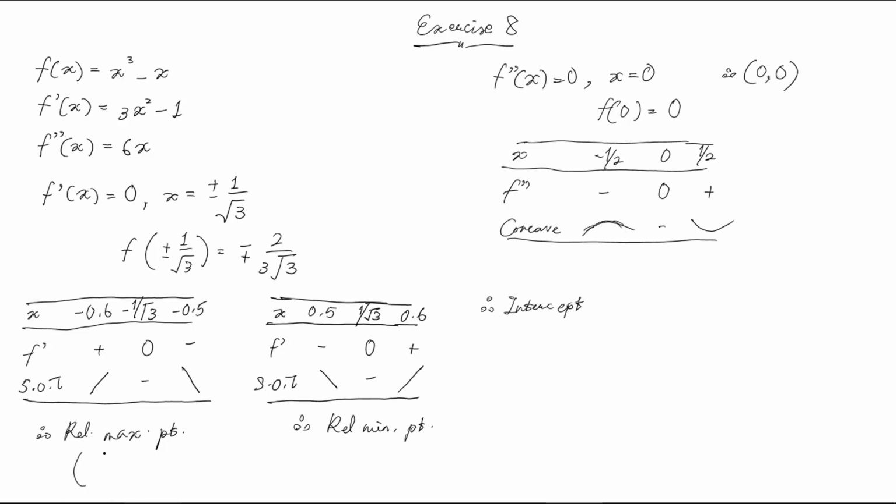This one just now, let's just write this one completely, so as to not confuse some of us. Okay, so that is pretty tedious. And this one is 1 over root 3 and negative 2 over 3 root 3.